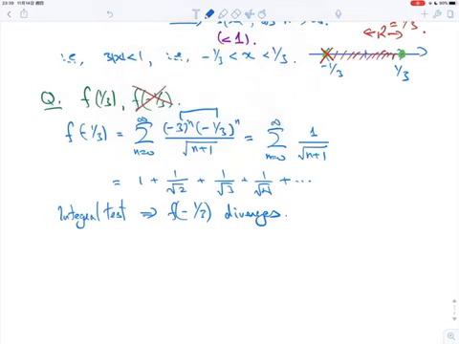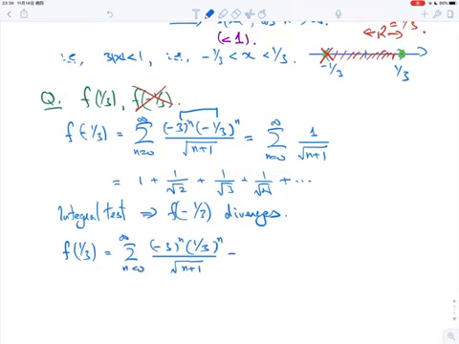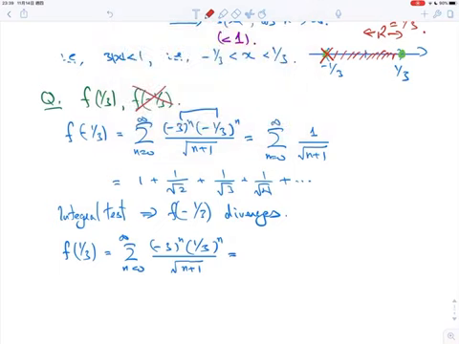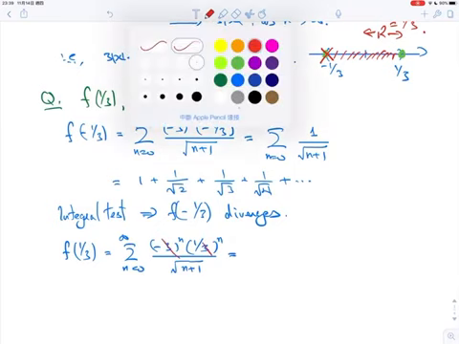All right, let's look at the other endpoint. So we plug 1/3 into the series as before. For x is 1/3, same denominator, 0 to infinity. So in this case, the 3 would still be cancelled out because, as you see, this is the same power n, so the 3 is going to cancel.